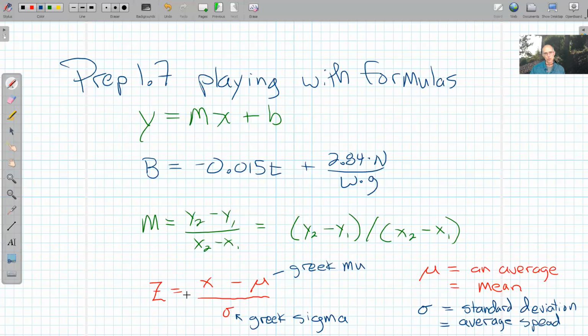And other things here, Z is called a Z-score. What a Z-score does, and we don't have to know this, all we have to know is it's a Z-score, but basically it counts standard deviations.